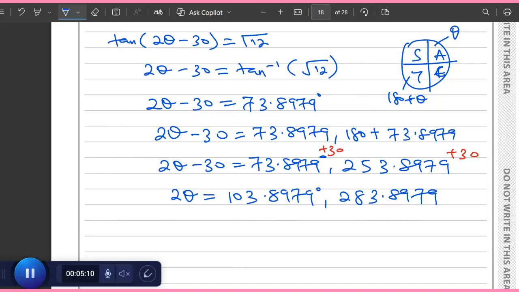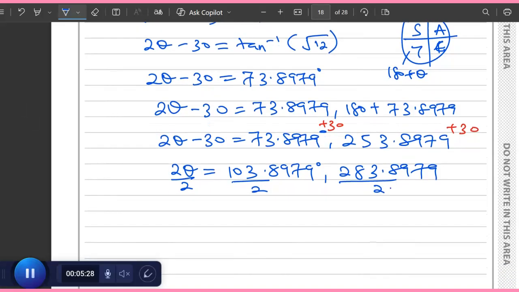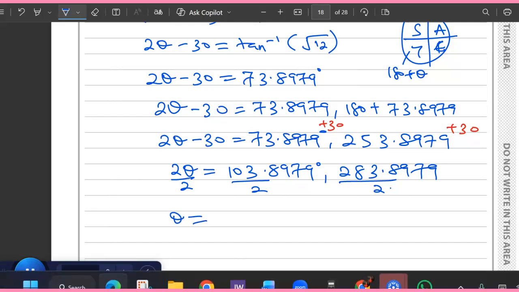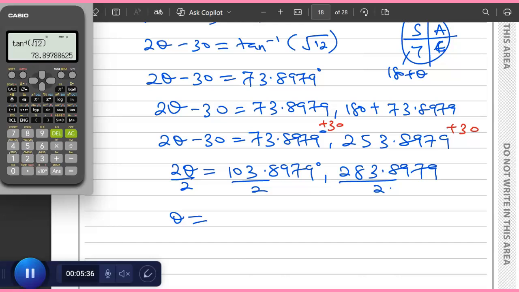The next step, we can reduce both the left hand side and right hand side by 2, or we can divide through by 2. Dividing this by 2, we'll have the value of theta equals, using the calculator, 103.8979 divided by 2.